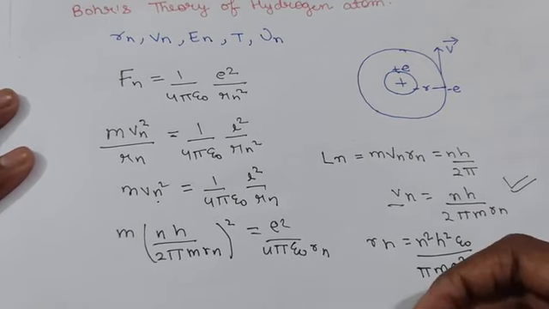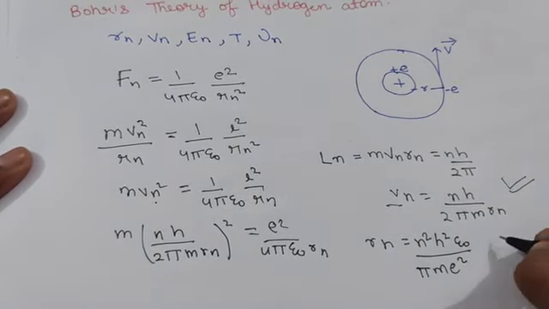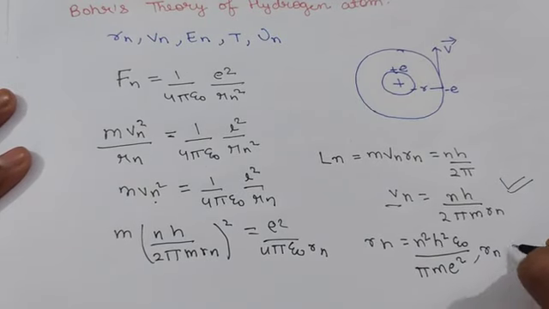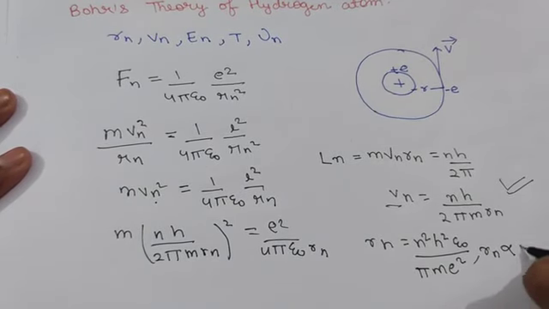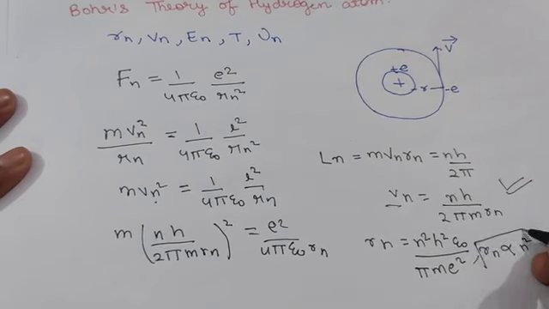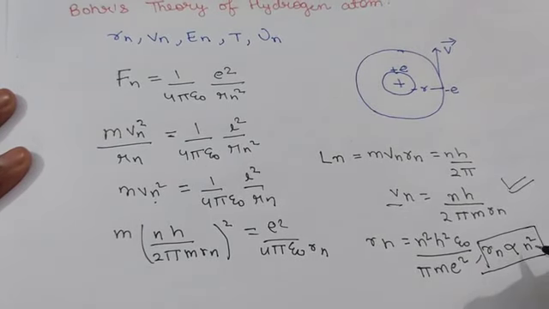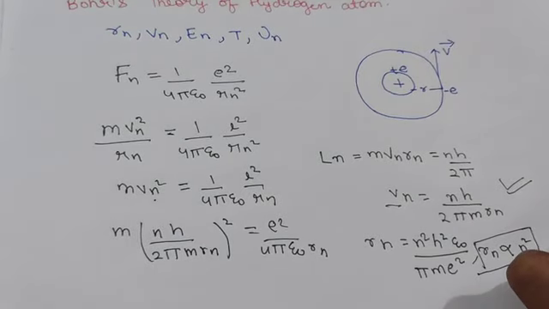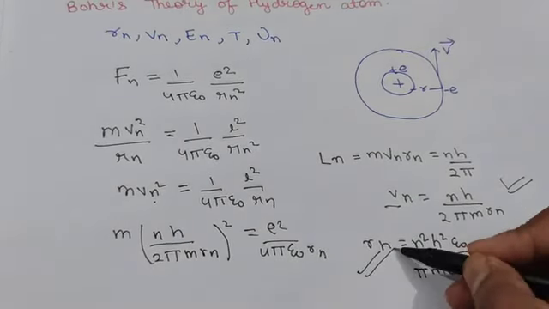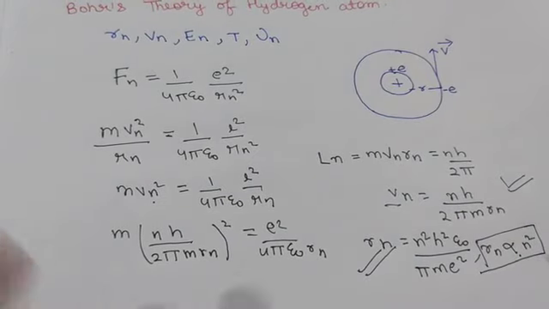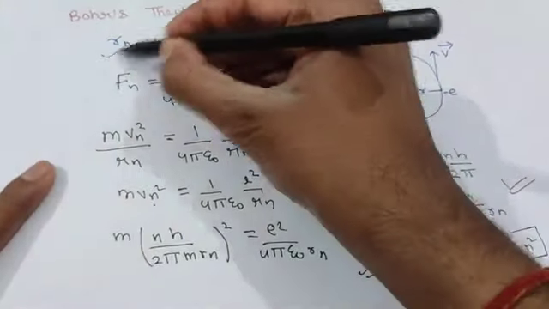Here we can find the relation that r is proportional to n square. This is our relation between rn and n square, so it is very clear. We've found our rn.